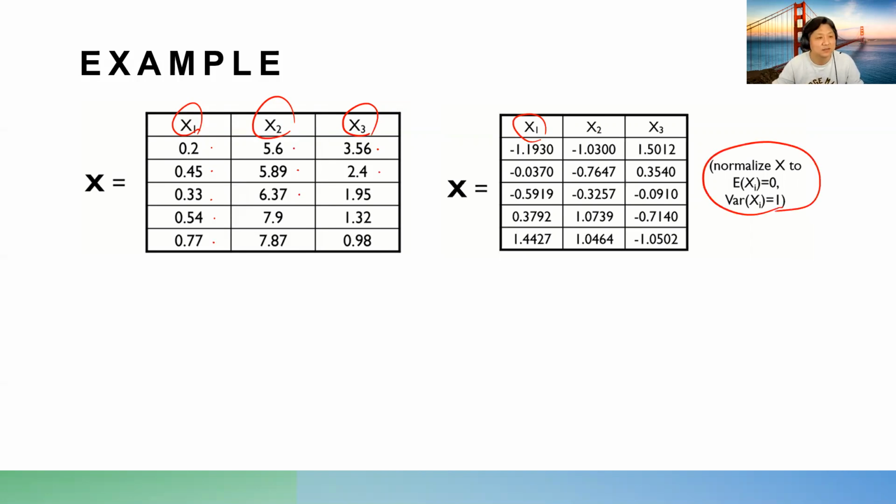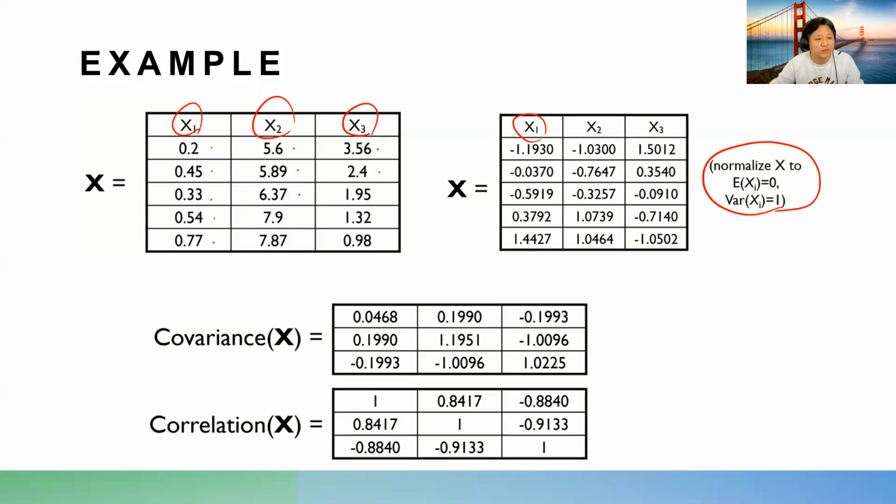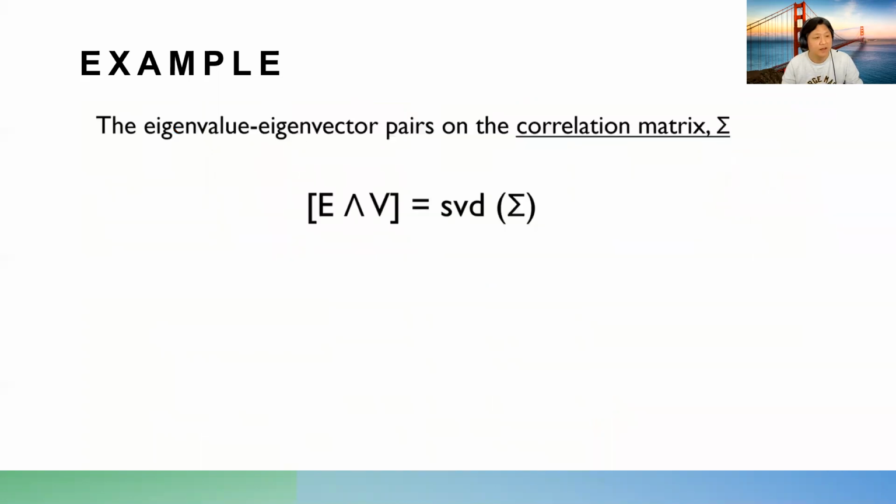So mean is 0 and variance is 1 in this case, right? And then we can compute covariance. This is covariance and this is correlation. Okay. So this is covariance. And then now, eigenvalue and eigenvector pairs on the correlation matrix, covariance matrix in this case. So this is a 3 by 3 matrix, right?